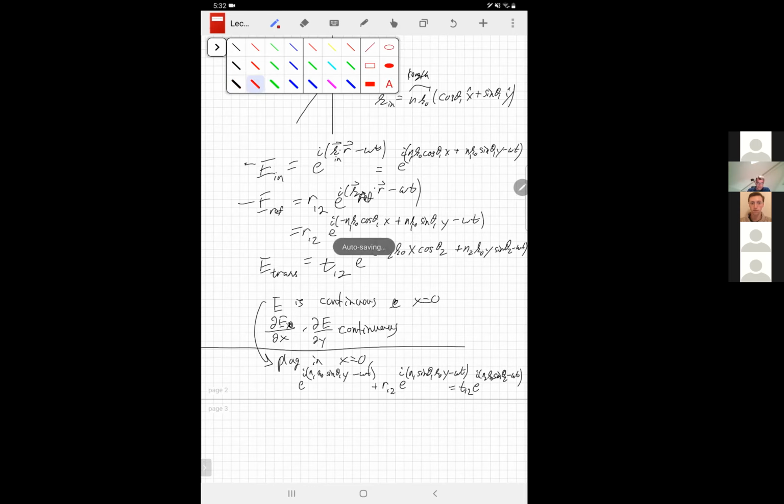Now, is there anything that we can clearly cancel out right away on both sides? Yep, they all have an e to the minus i omega t, so we can just cancel that out. Now, if you look here, you're going to say, well, this one has n1 k naught sine theta 1 y, and this one has n2 k naught sine theta 2 y. Oh, and I left out a y in there. Those look totally different.